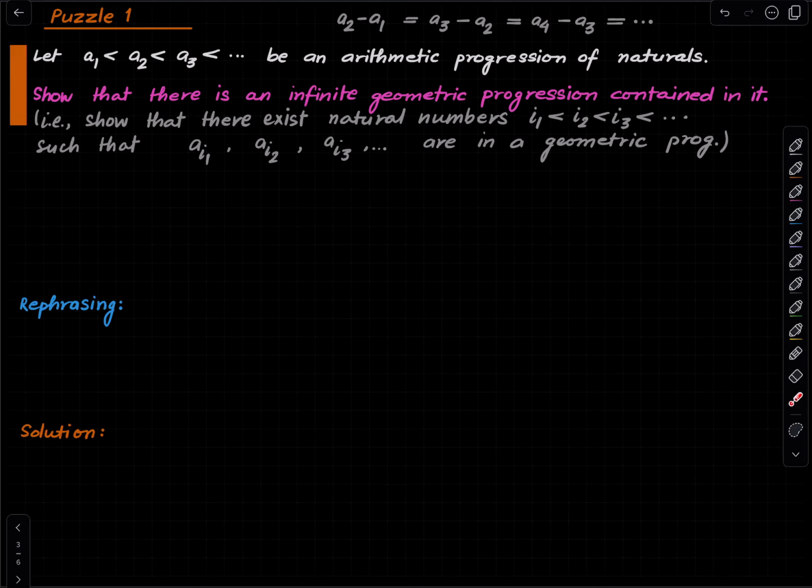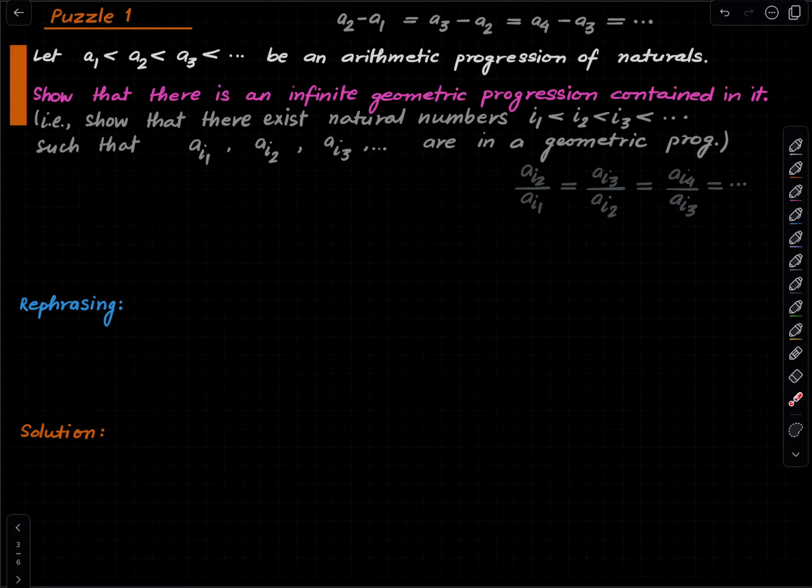So we wanted to show that hiding in this infinite arithmetic progression is an infinite geometric progression, which means that one can find an increasing sequence of indices such that the numbers in this arithmetic progression corresponding to those indices are in a certain pattern called a geometric progression, which just translates to saying that the successive ratios are constant.